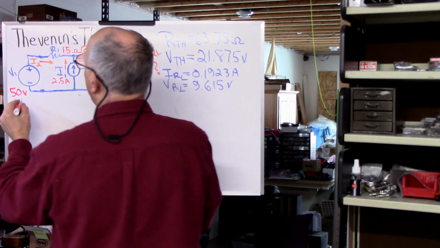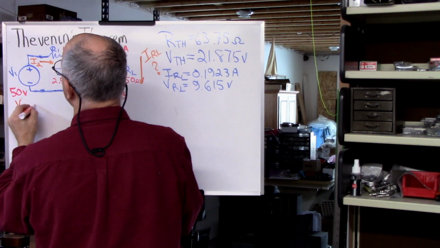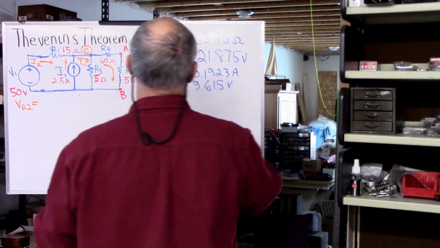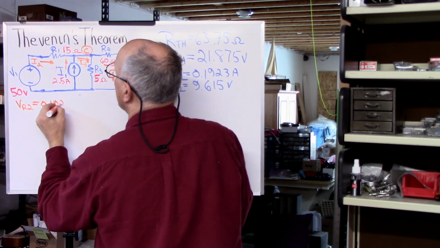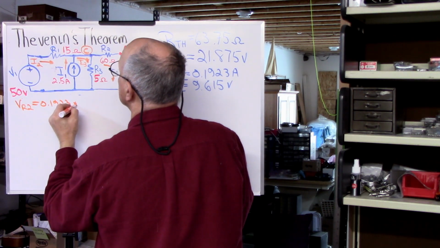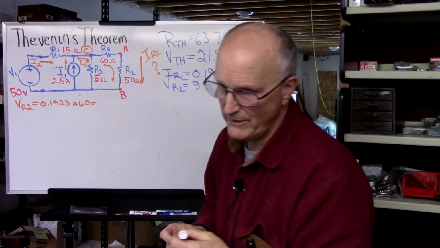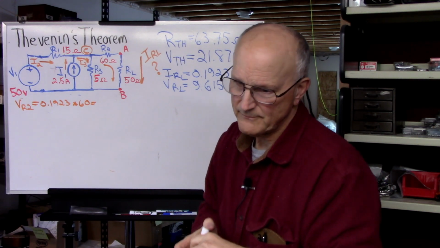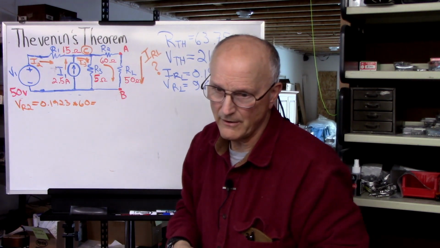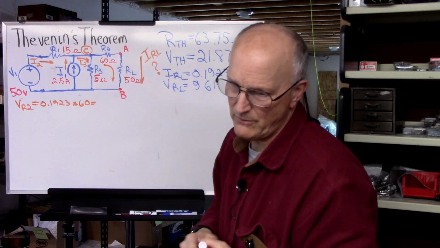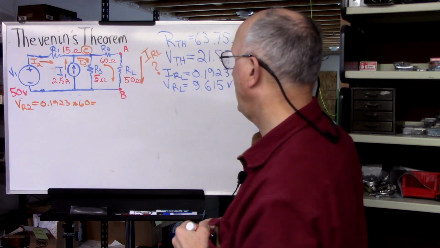So that means that we can calculate the voltage across R2, because we know the current, 0.1923, and we know the resistance, 60 ohms. So knowing those two quantities, VR2 is going to be equal to 11.538 volts.